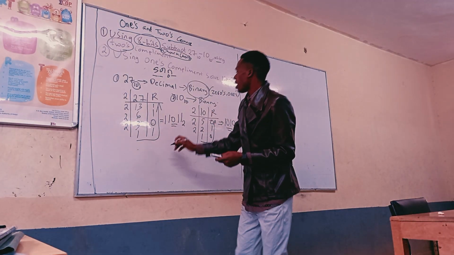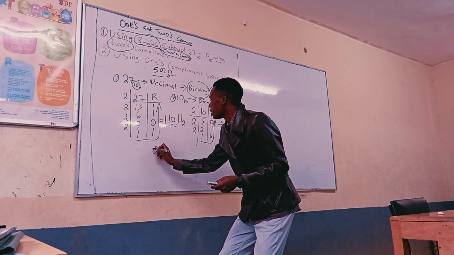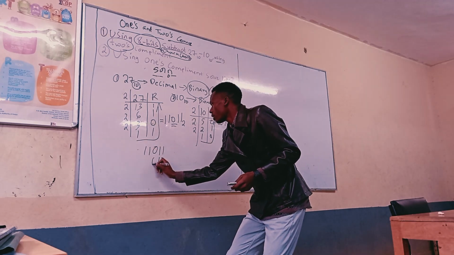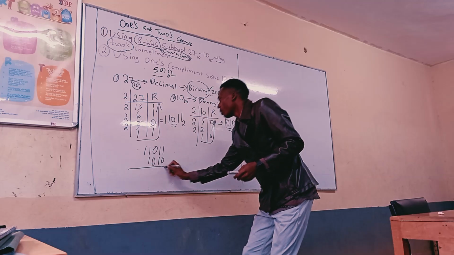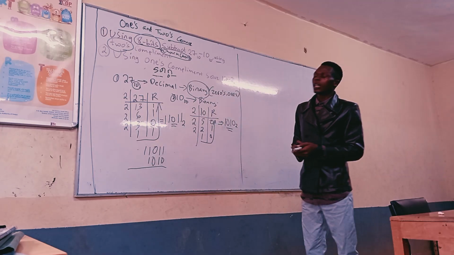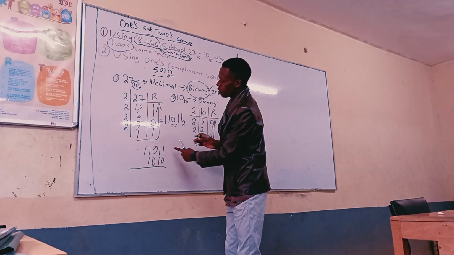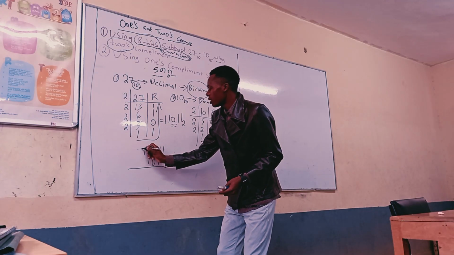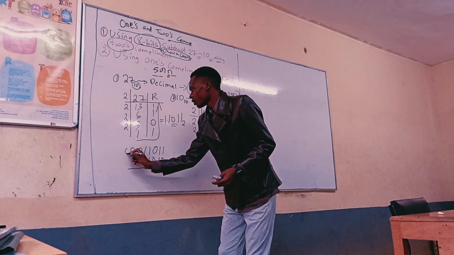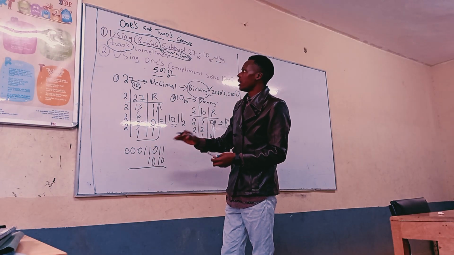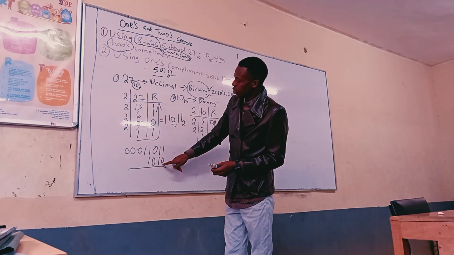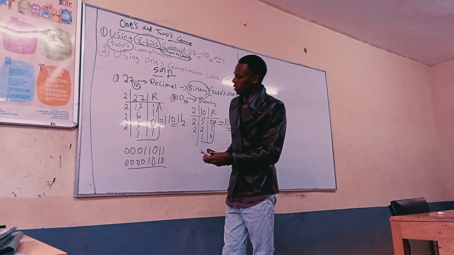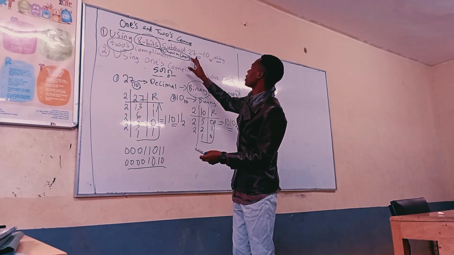The first term is 1 1 0 1 1, and the second term is 1 0 1 0. Remember, we've been told to use 8 bits. The first one has 5 bits, so we add 3 zeros to make it an 8-bit system. And the other one with 4 digits, we also make 8 bits. We were told to subtract.